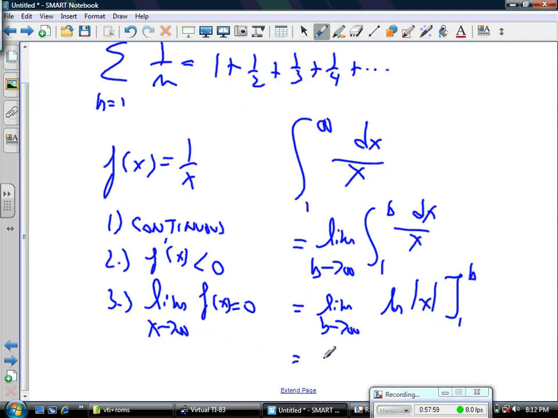Okay, so what is that? That's the limit as b goes to infinity of ln absolute b, but b is positive, so the absolute value is optional, minus the ln of absolute 1, again the absolute is optional, but ln of 1 is just 0. And what's ln of b as b gets humongous? That goes to infinity.